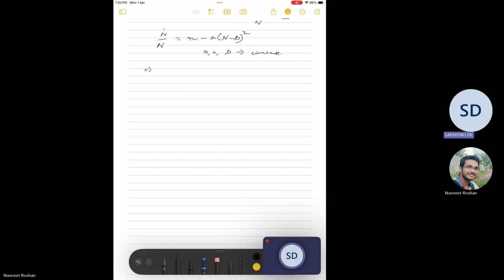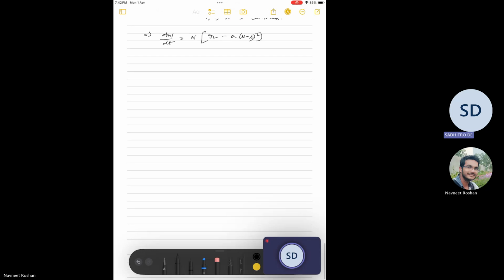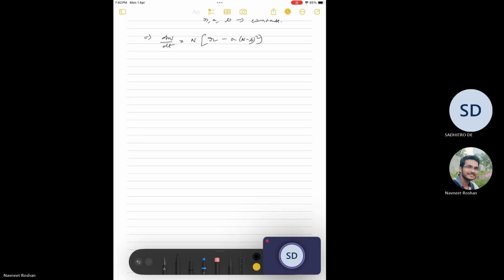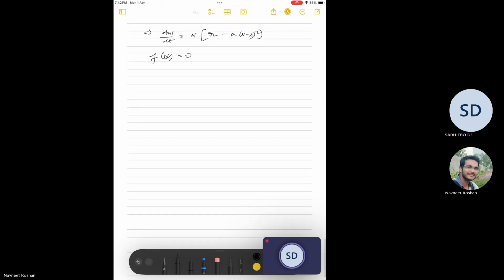So basically this means that dn by dt is equal to n into (r minus a into (n minus b) whole square). So what are the fixed points of this system? The fixed points are again given by f of n equal to 0, which means that n into (r minus a into (n minus b) whole square) is equal to 0.